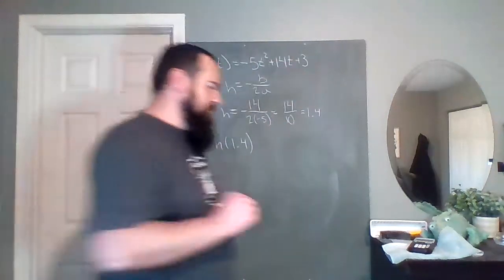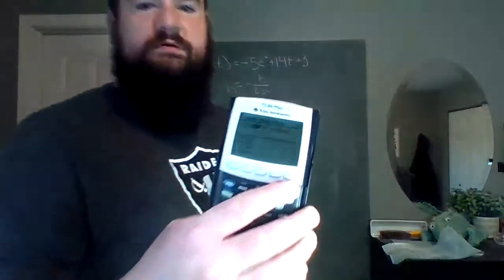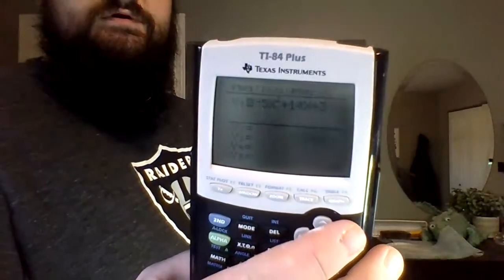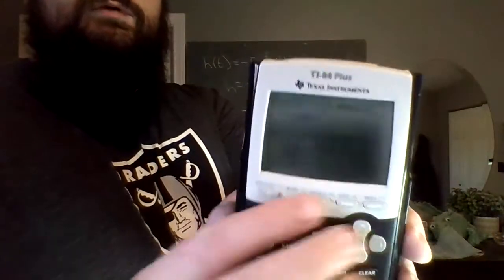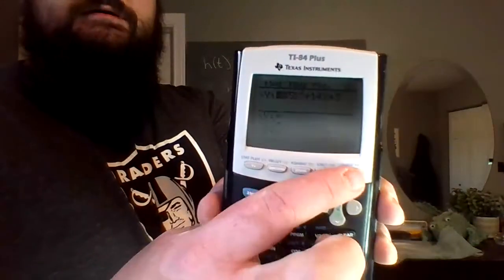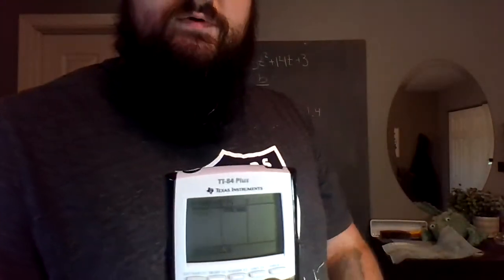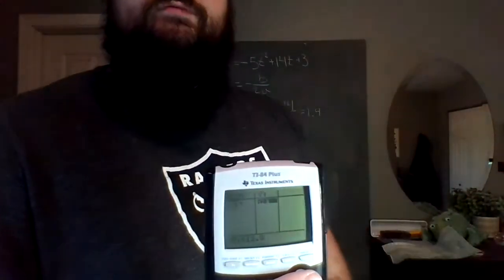But if you remember, if we type that function into our calculator, we can hit second and y equals and get to this nice little table. From this table, we can put our x value in here, in this problem, our 1.4, and we get our y value out, which is 12.8.